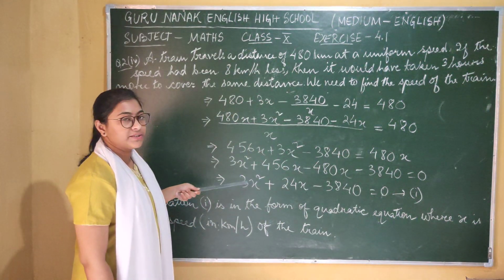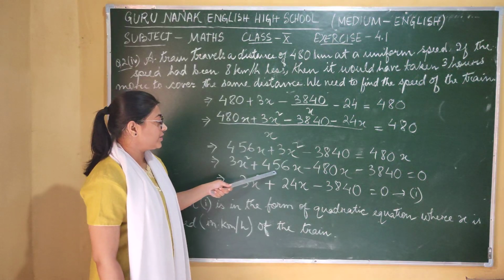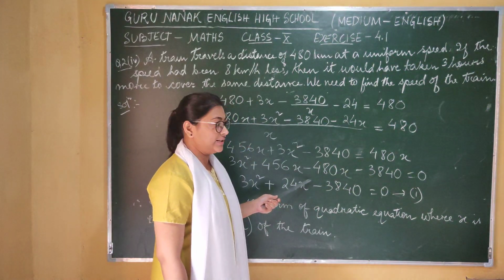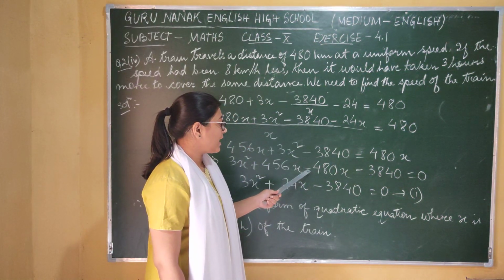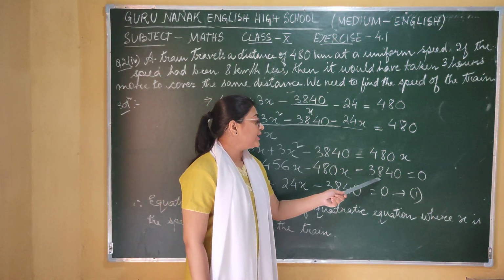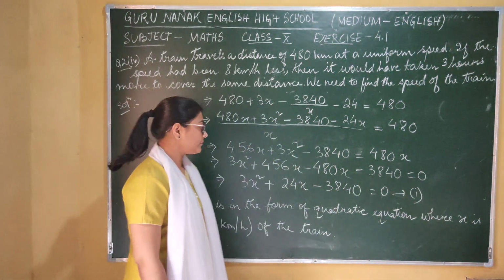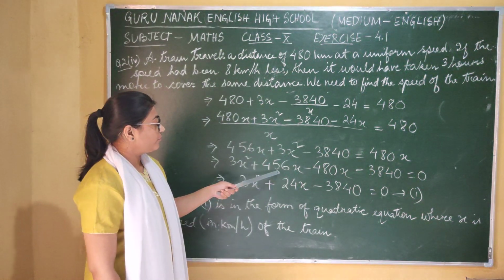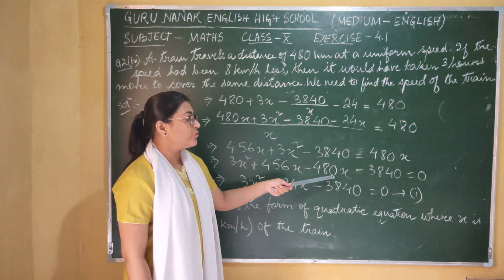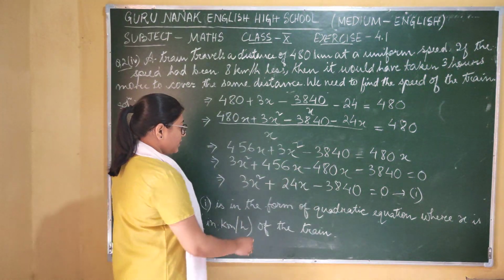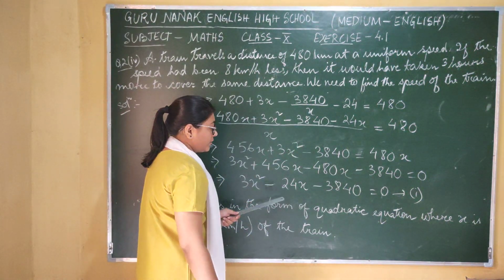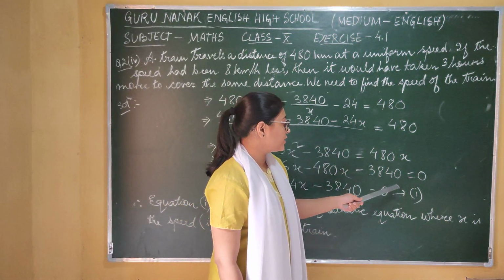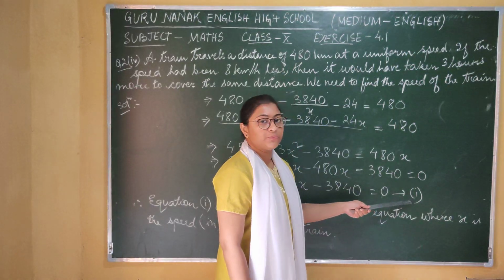Now we have just rearranged: 3x squared plus 456x minus 480x, as we have brought 480x to the left hand side, minus 3840 equals to 0. So after calculation, 3x squared plus 456x minus 480x will give us minus 24x, and here we have minus 3840 equals to 0. We will mark this as equation 1.